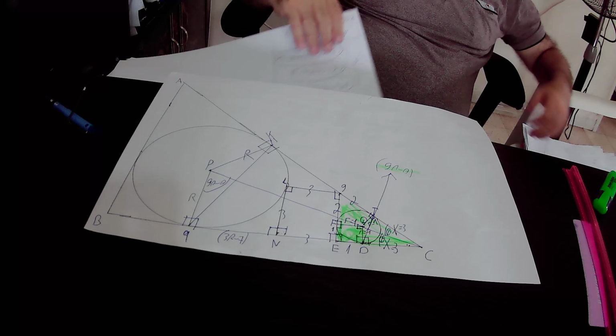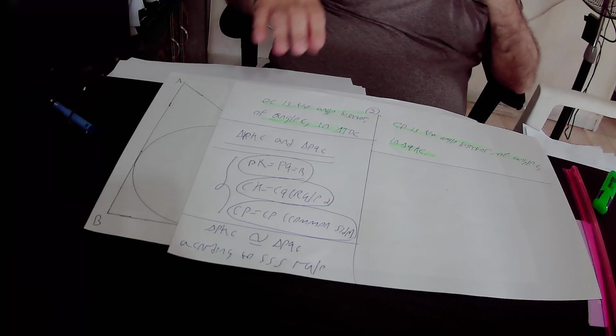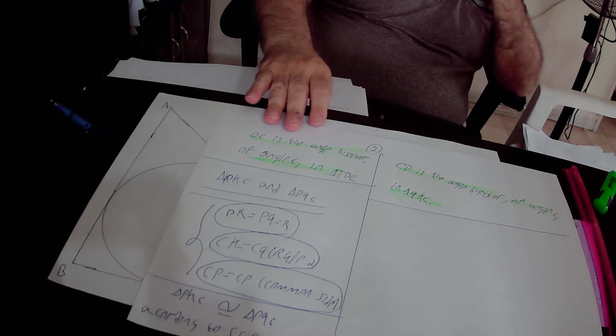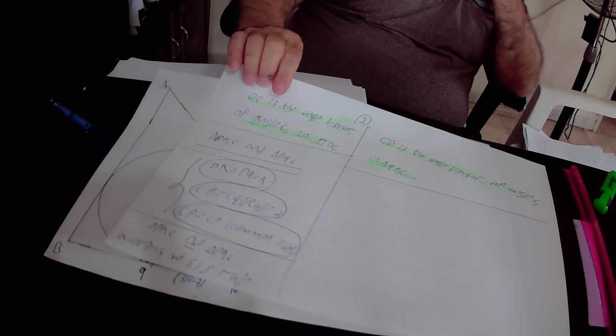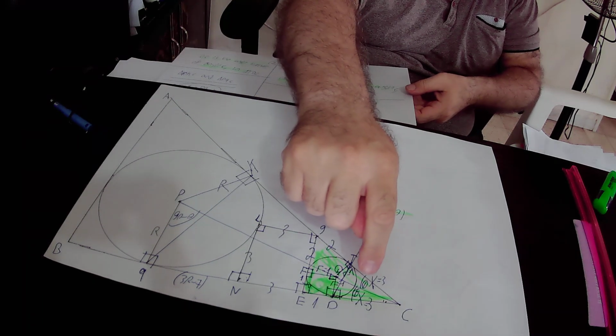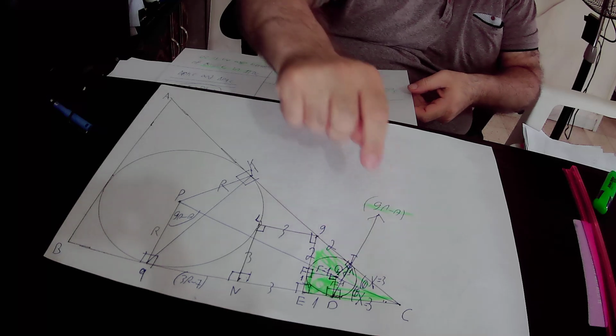Repeat again, OC or CO, it doesn't matter, is the angle bisector of angle C in triangle TDC. Why? Because CO bisects angle C into two halves, each half equals theta.